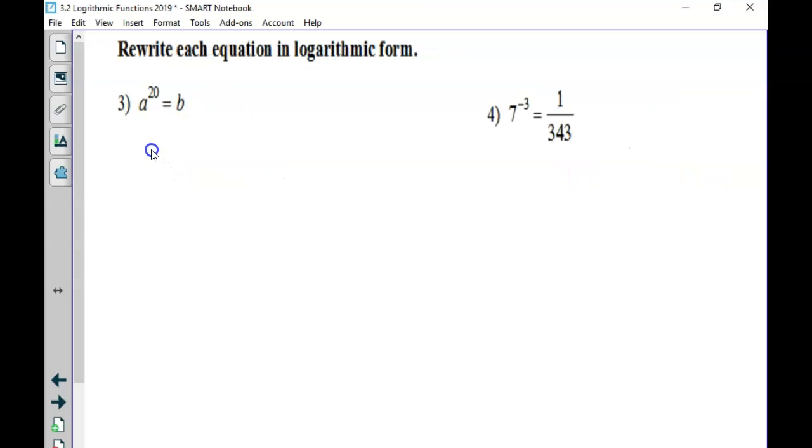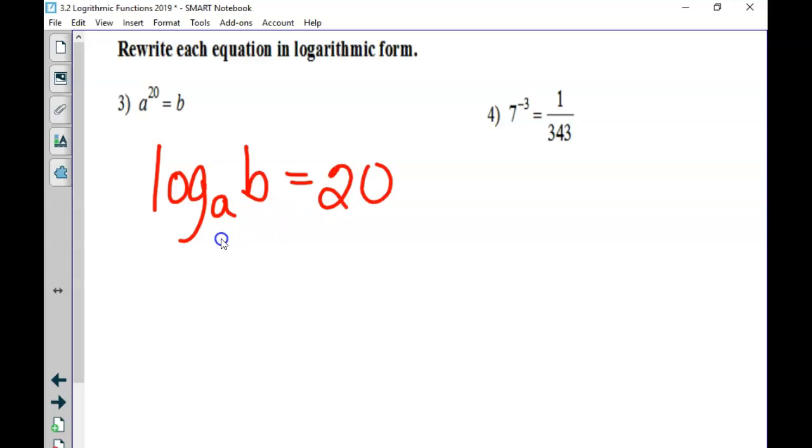Can you rewrite this as a log, Jacob? Log base A of B equals 20. Yes, guys? The base of the exponent part is still the base, A. The answer is the exponent.